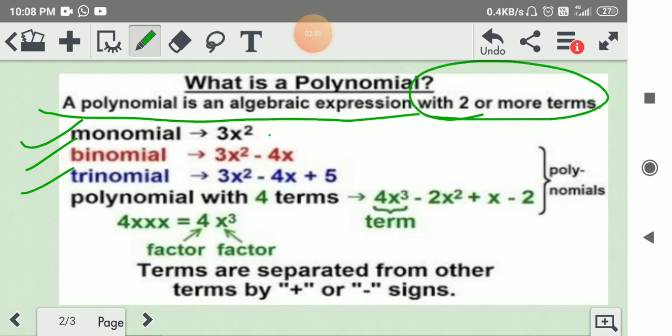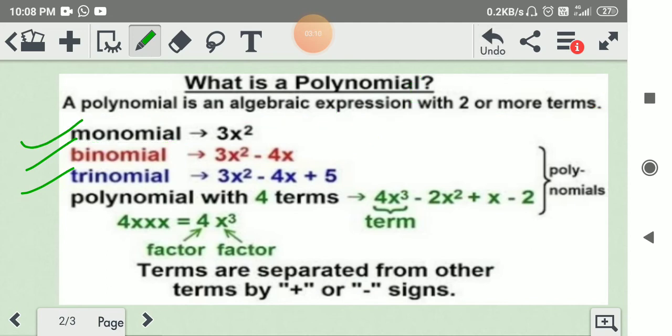If one term is present, the polynomial is called a monomial, and if two terms are present, this is a binomial, and if three terms are present, this is a trinomial. If there are four terms, that is also called a polynomial.